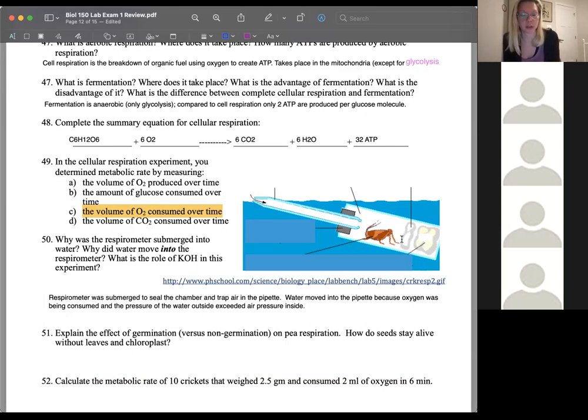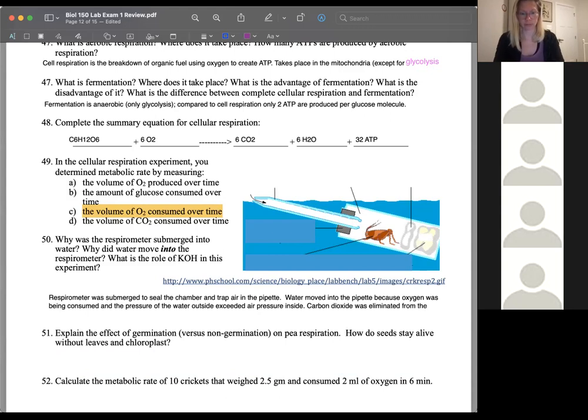And this also brings into, well, if oxygen was being consumed, presumably this cricket was also producing carbon dioxide. So what happened with that? Why wasn't that pressure keeping the water out? So carbon dioxide was eliminated from the experiment.